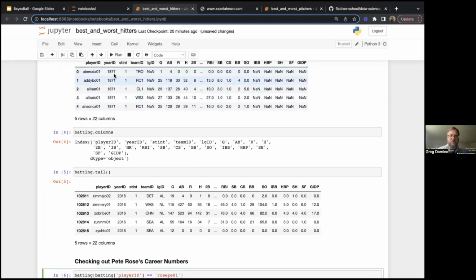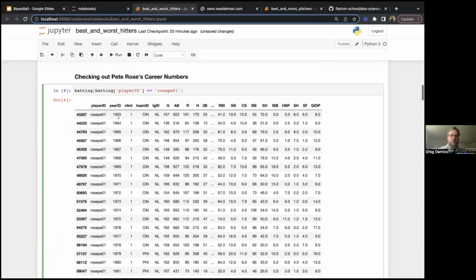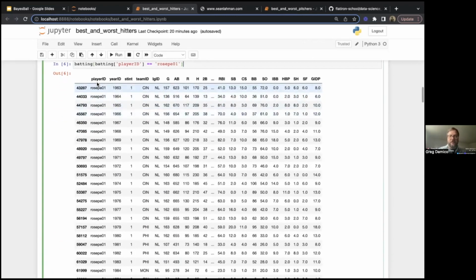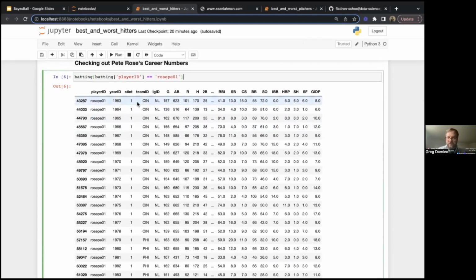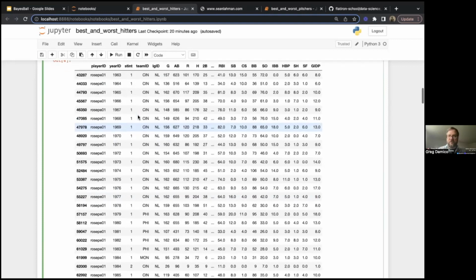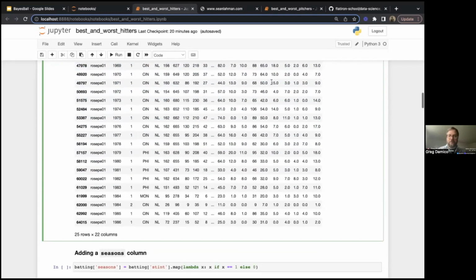So all of the players who played in 1871, all of the players who played in 1872. But with this tool called Pandas, it's easy to grab all of the Pete Rose years, and so I just have those in front of me. I can look at his stats year over year.